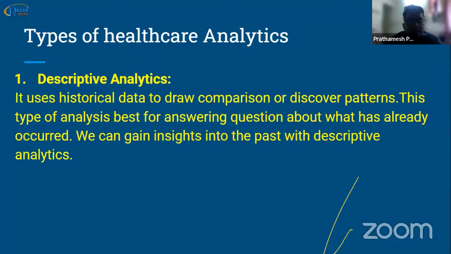So the company first works with the history of the particular drug. Then it will predict the future, and then it will take a decision on the basis of that past history as well. So descriptive analytics is nothing but the use of historical data to draw comparisons or discover patterns.